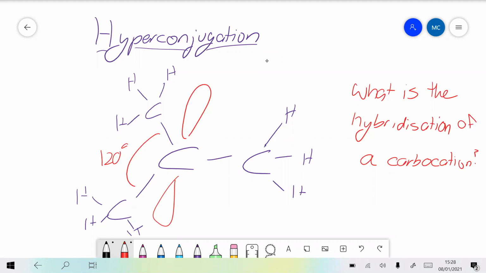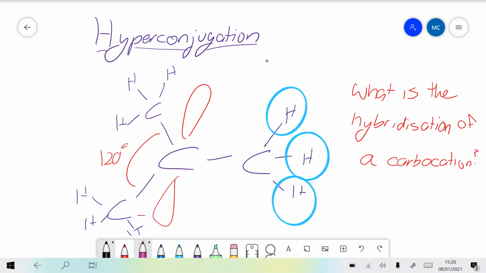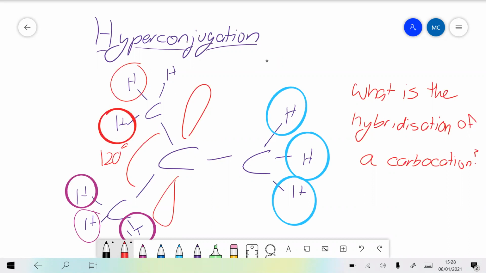So what happens here? Each hydrogen is in a s orbital. Do we agree? And these are constantly rotating.